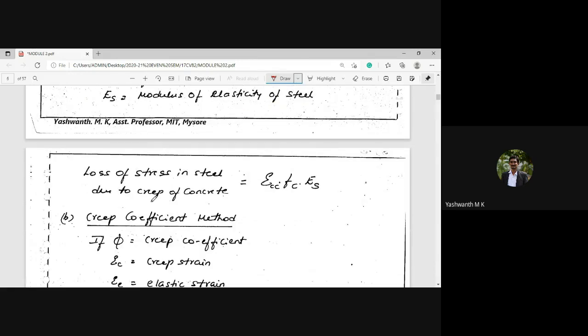So finally, the loss of stress in steel due to creep of concrete is equal to epsilon c, that is the creep strain, multiplied by the stress in concrete at the level of steel fc, multiplied by the modulus of elasticity of steel. This product will get you the loss of stress in steel due to creep of concrete.